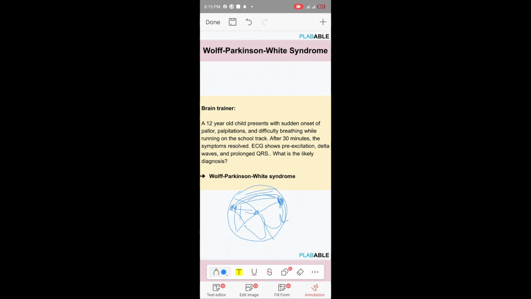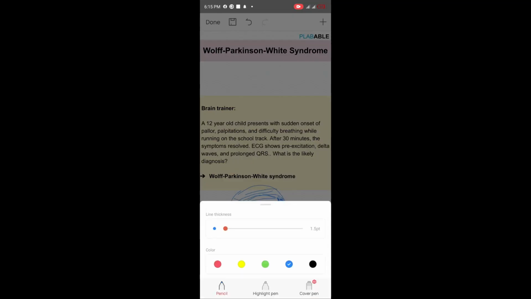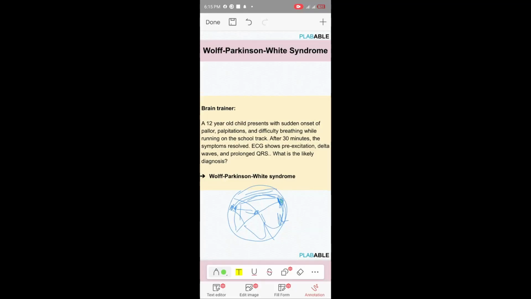So now the ventricles receive the impulse through this bundle. It could be on the right side or on the left side. This is called the Wolff-Parkinson-White syndrome.